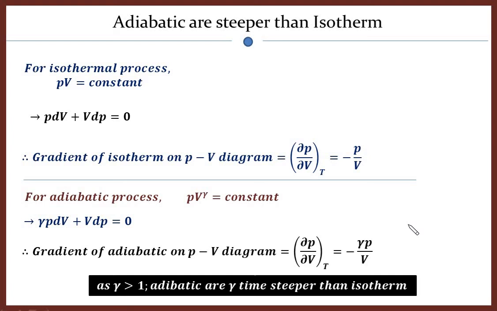As gamma is greater than 1, the gradient of the adiabatic is greater than the gradient of the isotherm, which implies the adiabatic is gamma times steeper than the isotherm.